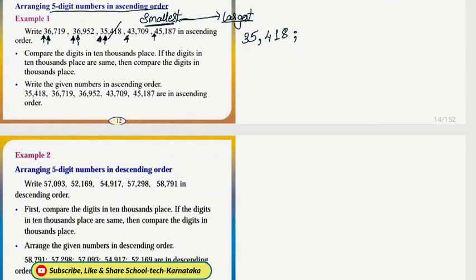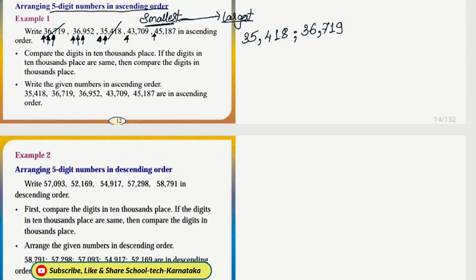Then between these two numbers we need to find the smallest now. Since 6 and 6 are equal, we move to the hundreds place. At the hundreds place we have 7 here and 9 here, and we all know 7 is smaller than 9. So we write down 36,719.